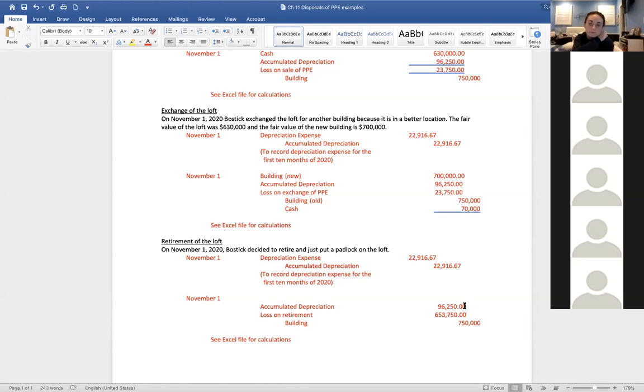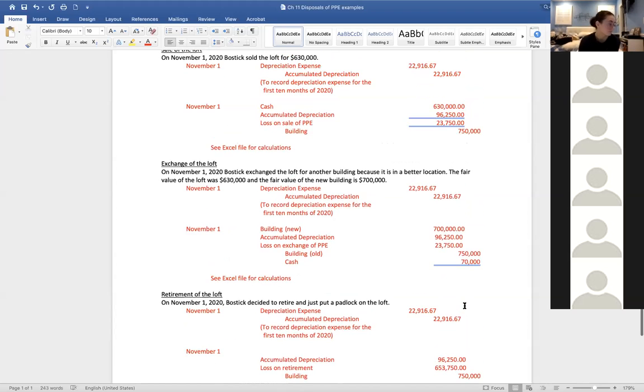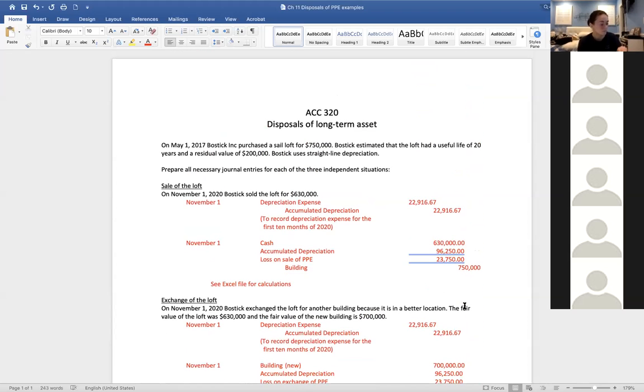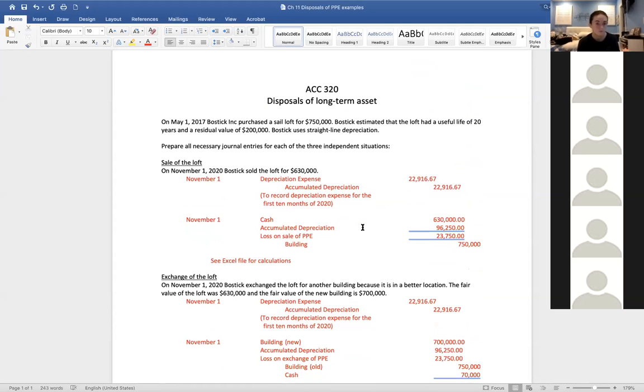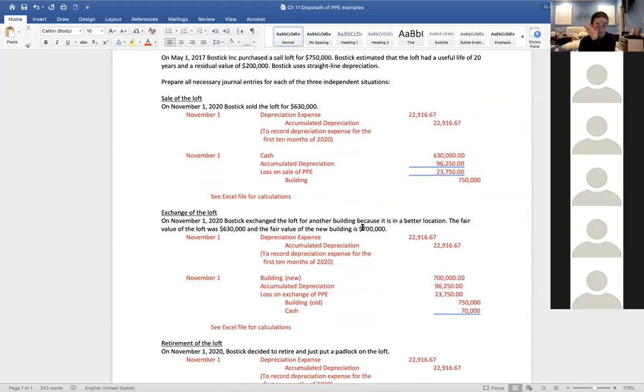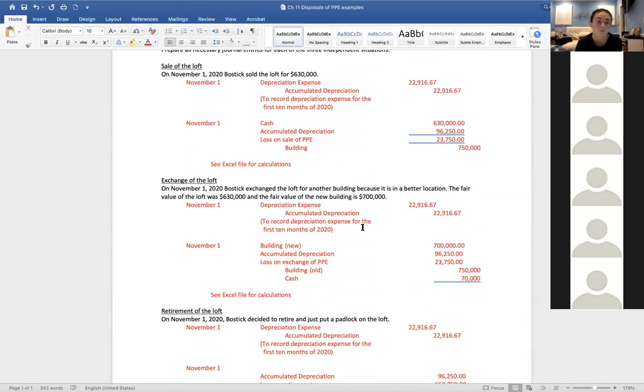You're either going to have no loss if the book value is 0, or you're going to have a loss for the amount of the book value. Okay. There are a number of end of chapter problems that you can practice. I will write another one similar to this where you have to do the sale, the exchange, and the retirement.